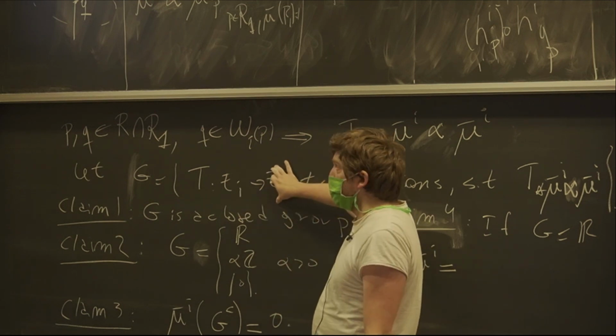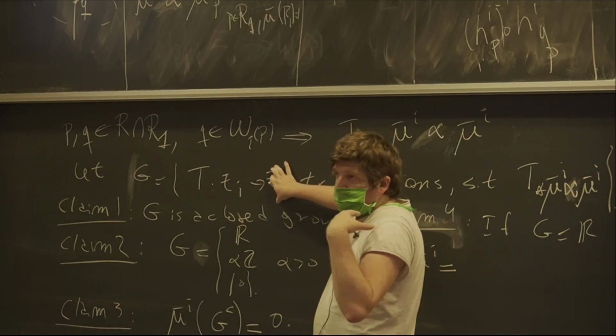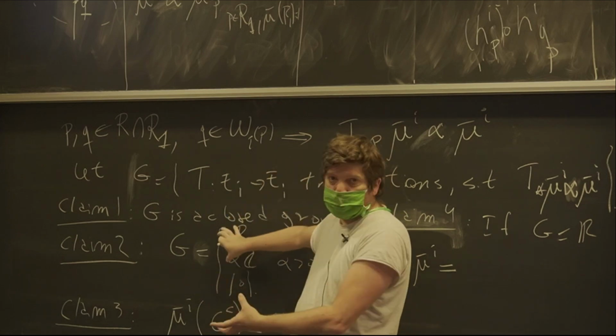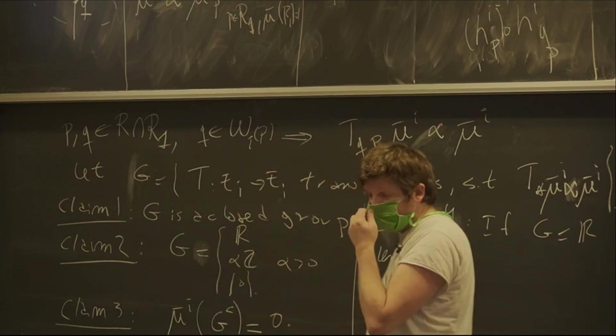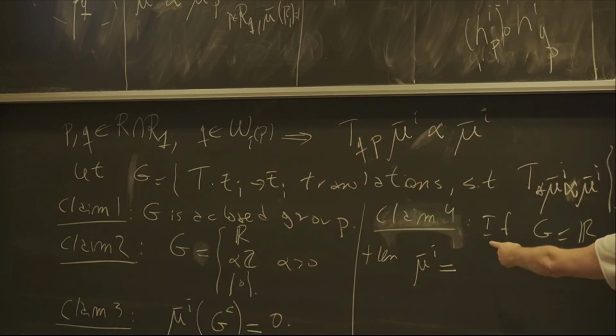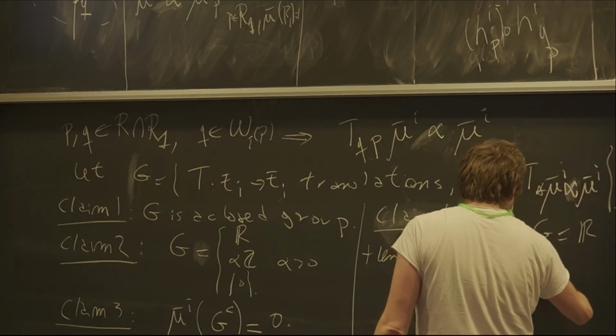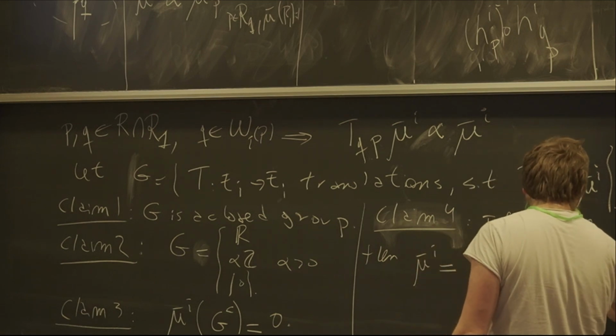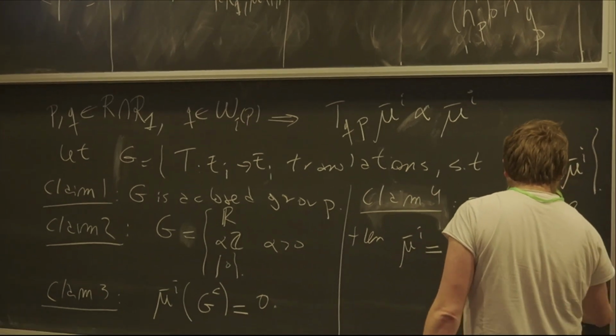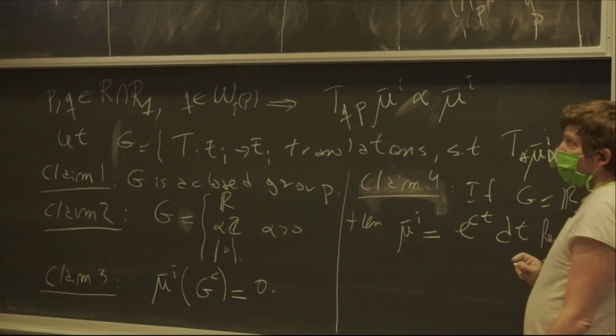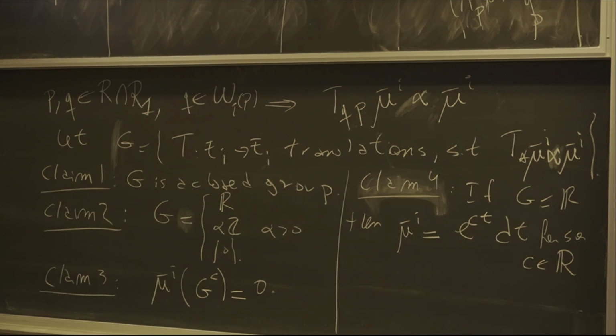Translations on the vector space EI is isomorphic to EI, which is isomorphic to R, and this is all through some identification. And then I'm using the same identification for what I'm going to denote here. Then this is e to the ct dt for some c. That's what happens if G equals R.